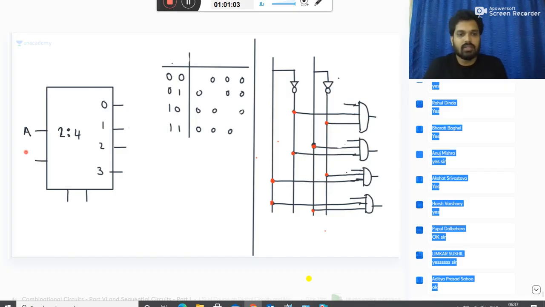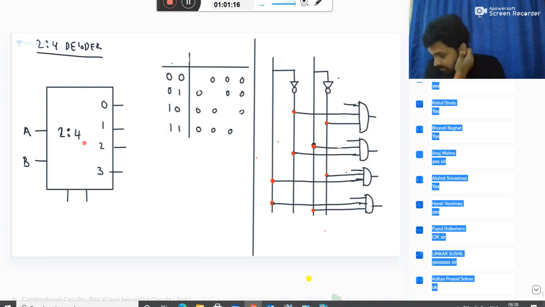The next one we are discussing is the 2/4 decoder. Okay, so now, one minute.